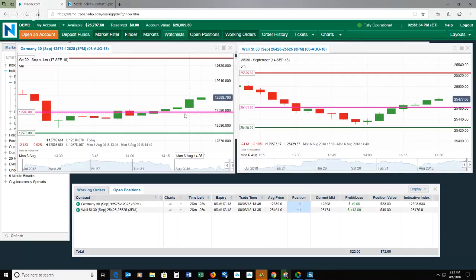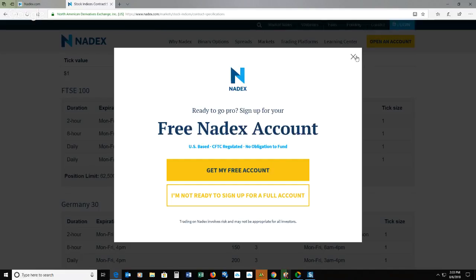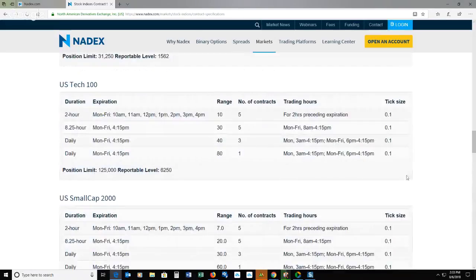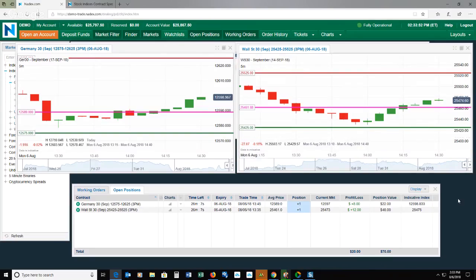Again, if you go to the Nadex stock contract specifications, it actually will tell you under spreads. For example, the US Tech, the tick size is 0.1. And it's always beneficial for you to review those contract specifications, because on the spreads, the increment size is what determines the value.